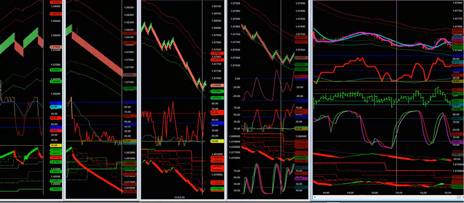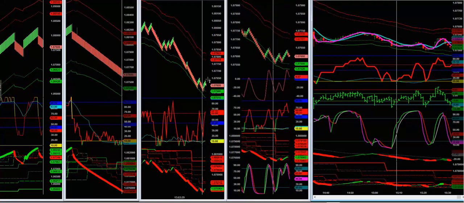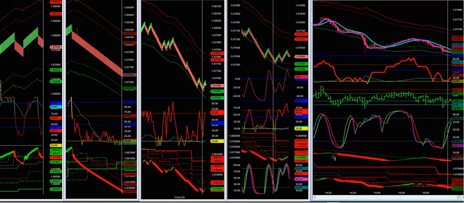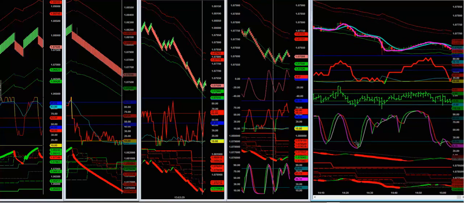Now, this is how you will be joining the larger cycles and trading in the direction of the larger cycle movement. Now, to use this system for binary options, on this 1 minute chart, we know we want to go shorts. Now, this is double stochastic.